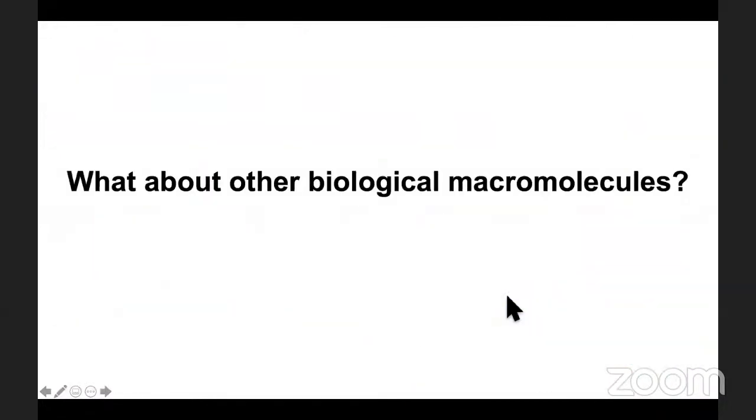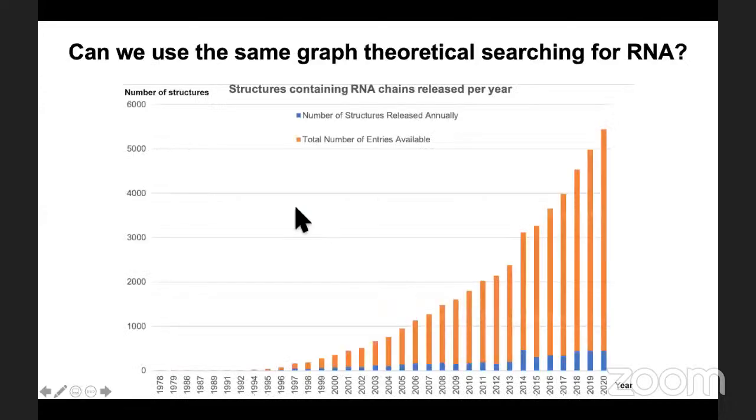Right, so that works for proteins very well, but what about other biological macromolecules? One interesting area that we could try is, can we use that same graph theoretical searching for RNA structures? There is increased interest in RNA structures.